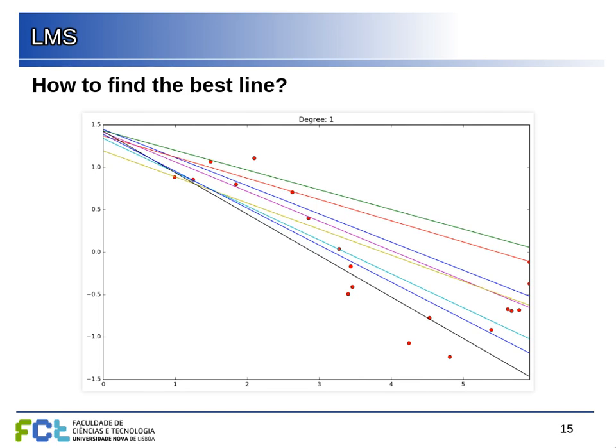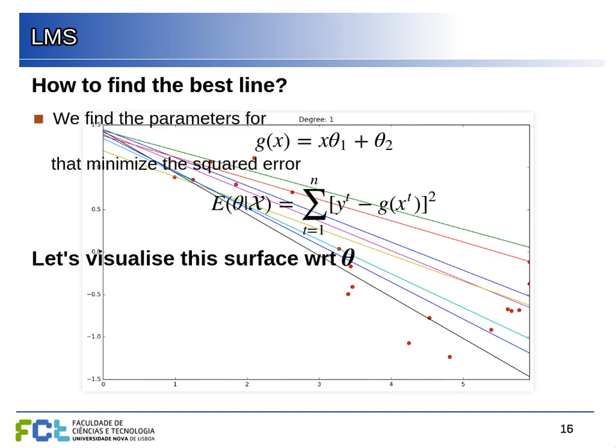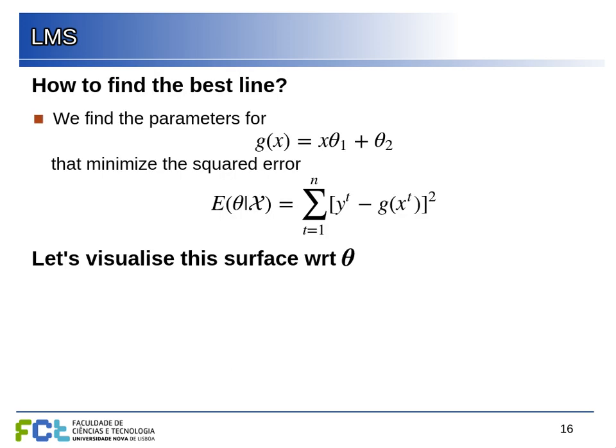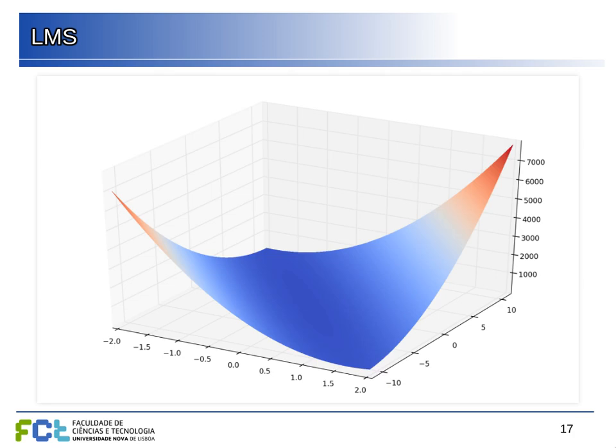So we can imagine doing that for every combination of inclination and position of the line, and we could have something like this. As we change the inclination and the position of the line, we can reduce or increase the quadratic error. Basically we're computing, for all our data sets, the difference between the predicted value and the actual value, summing all these squared differences, and then we plot that here on the chart.